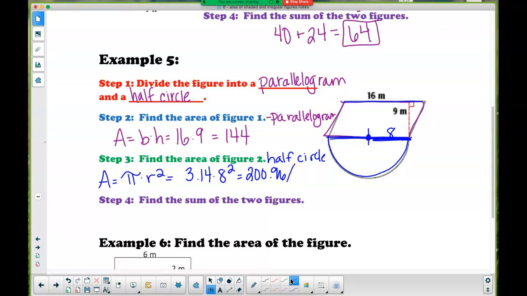We have to divide this by 2 because we only want half of a circle. So we get 100.48. And then finally we add the 2 pieces together. 144 plus 100.48. Rounding to the nearest tenth is 244.5.